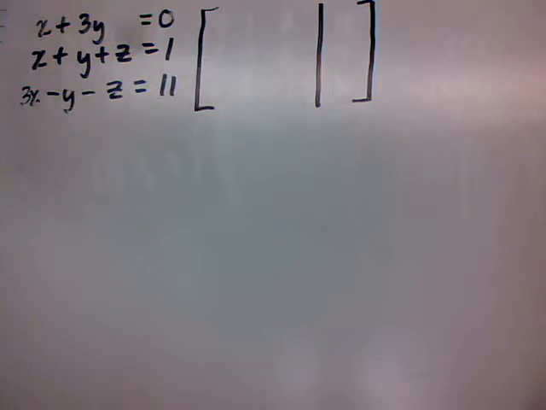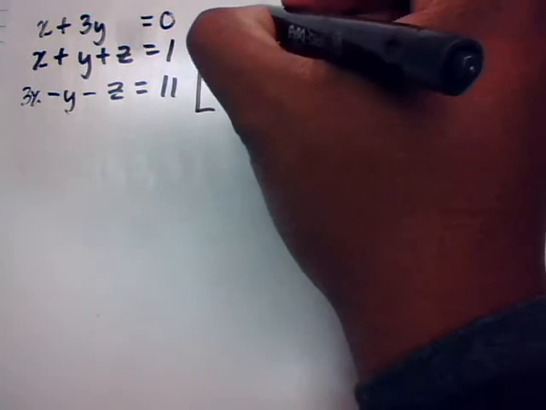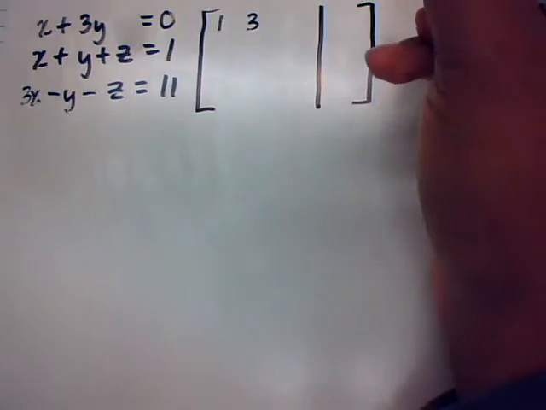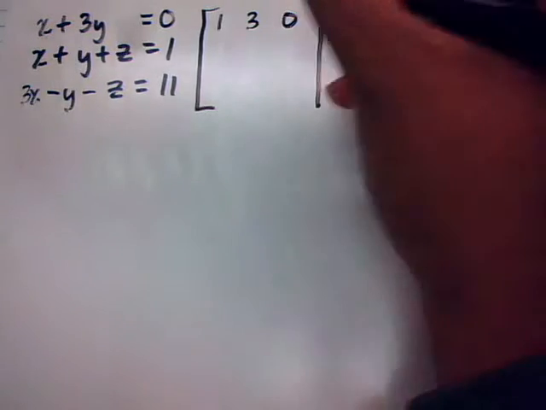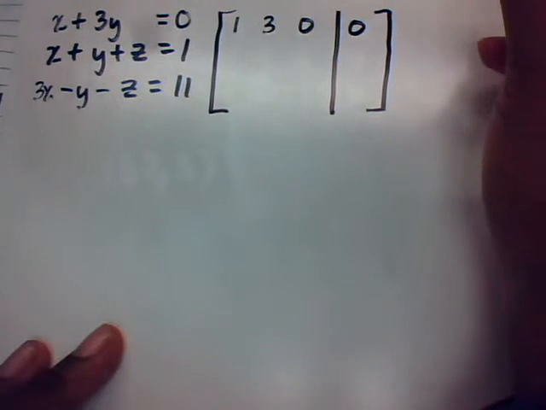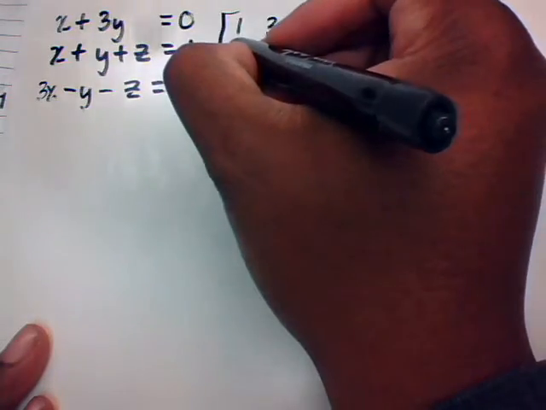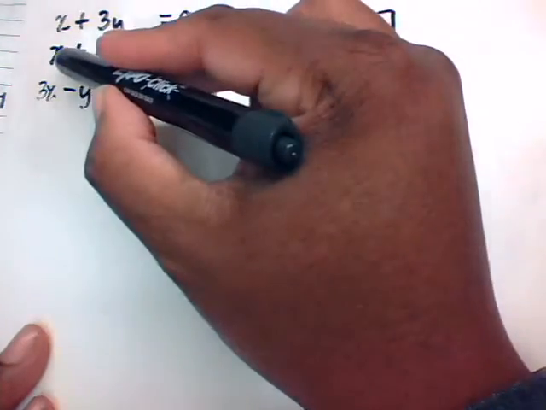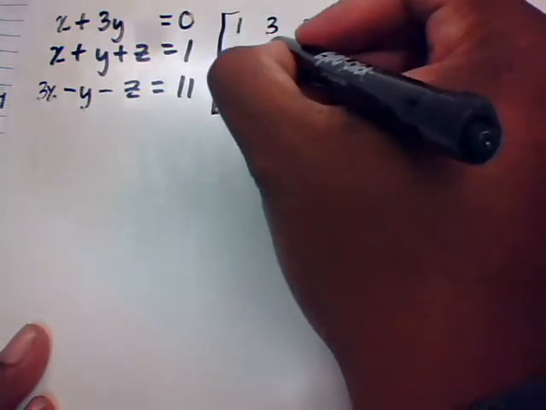Okay. The first equation, x plus 3y equal to 0. Here, it'll be a 1 and then a 3. There is no z term here, so I have to put a 0 here. Then my constant will be on the right side, which is 0. And then second, x plus y plus z is equal to 1. X has a coefficient of 1, y has a coefficient of 1, and z has a coefficient of 1.